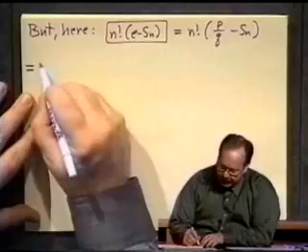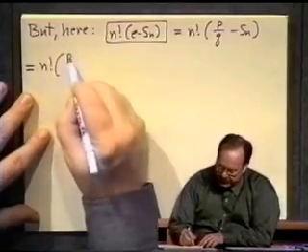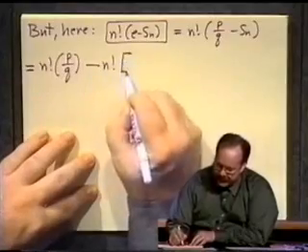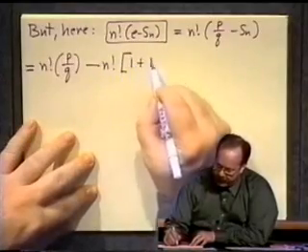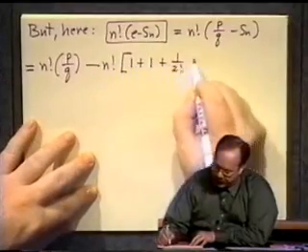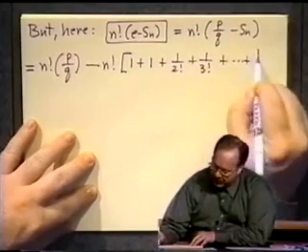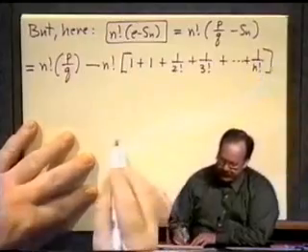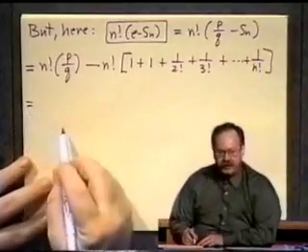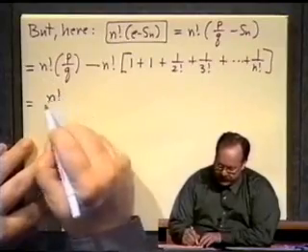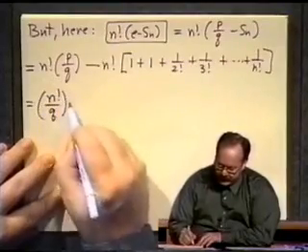Now let's write this out a little further to see what we actually have. Running the n factorial through, I have n factorial times p over q minus n factorial times the nth sum, which is 1 plus 1 plus 1 over 2 factorial, 1 over 3 factorial, plus all the way up to 1 over n factorial. Let me rewrite this first part as n factorial over q times p.